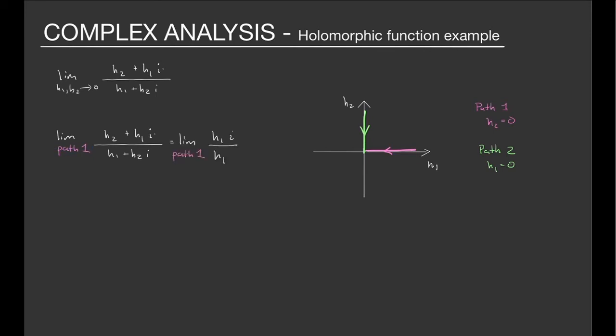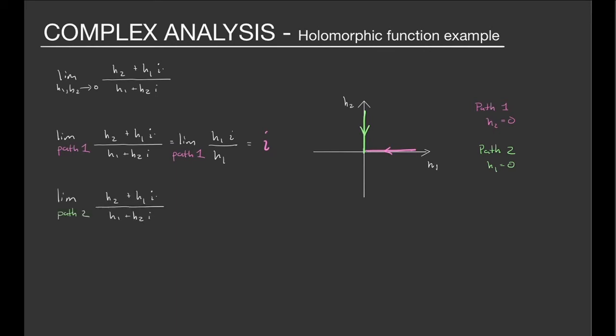If we make the substitution, since h2 is 0, we get that the expression is h1i over h1. Of course, since h1 is not 0 while we're on the path, since we never actually set h1 equal to 0 while we're traveling towards 0, we can divide h1 by h1, leaving us with just i. Going along this path, we reach a limit of i along path 1.